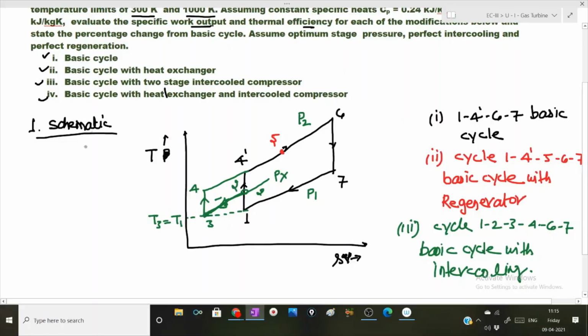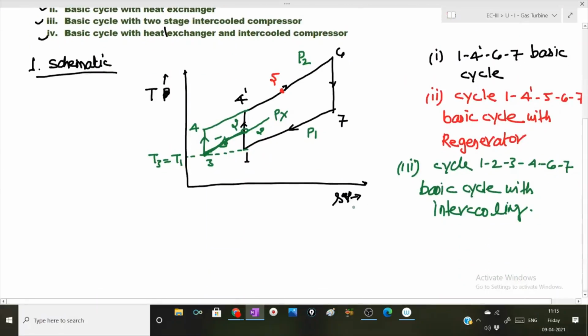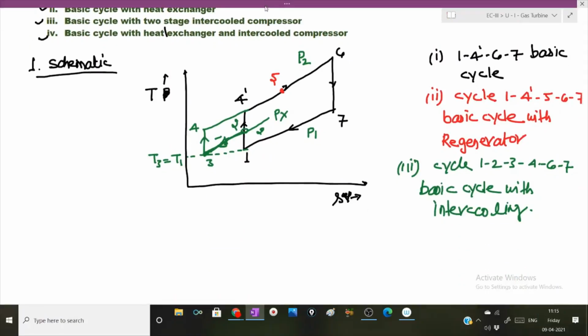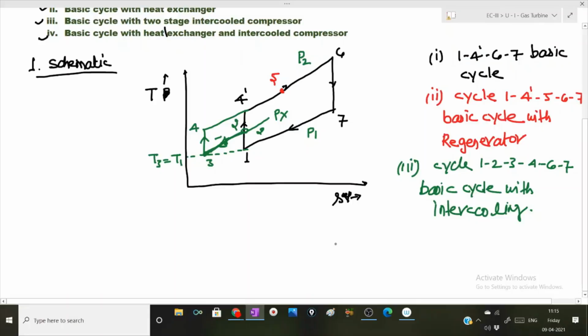Then the last one is basic cycle with heat exchanger and intercooled compressor. Okay, so already we have drawn it. So cycle 1, 2, 3, 4, 5, 6 and 7.